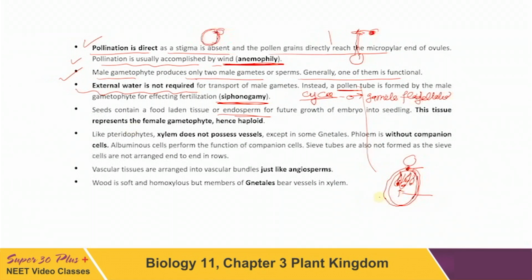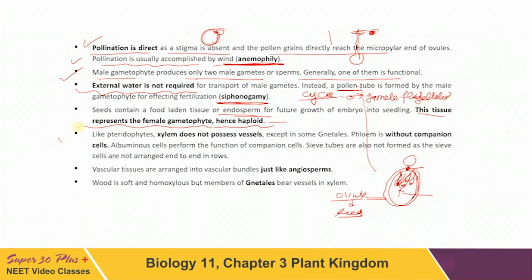After fertilization, the ovule has become a seed, and the seed contains food in the form of endosperm for the future growth of the embryo. This tissue represents the female gametophyte, and it is haploid. As I told you, it is present in the ovule even before fertilization.